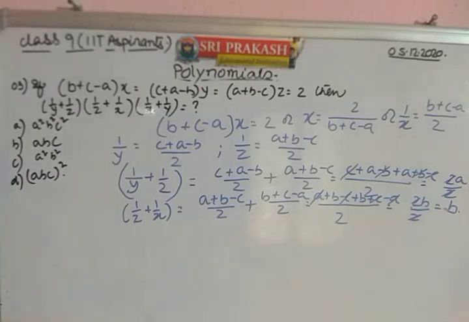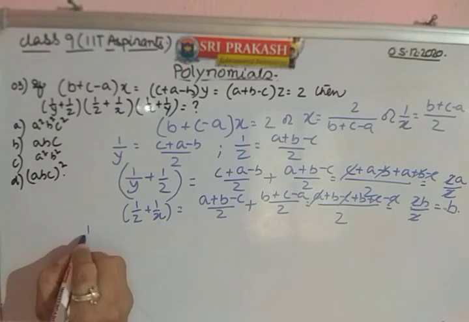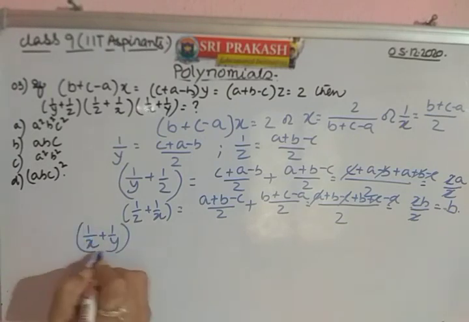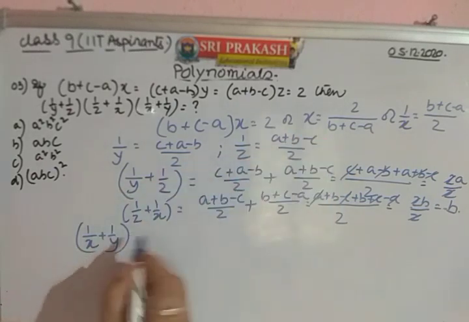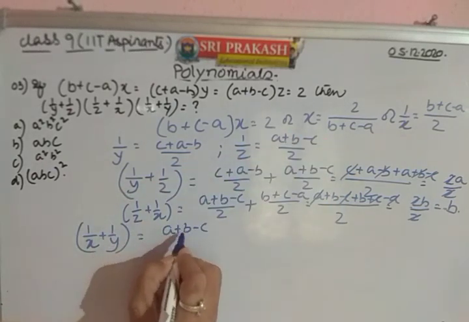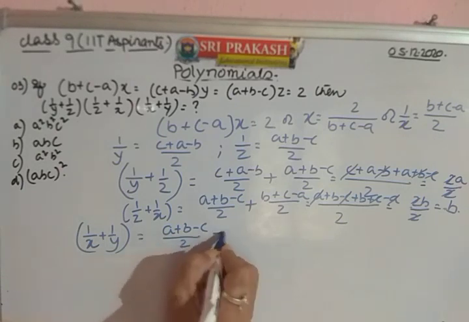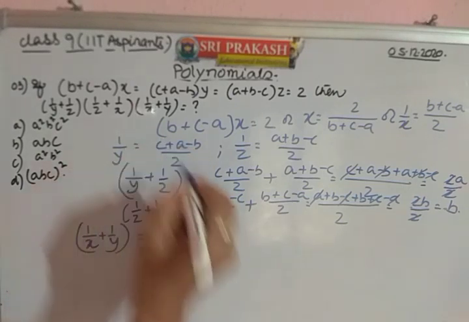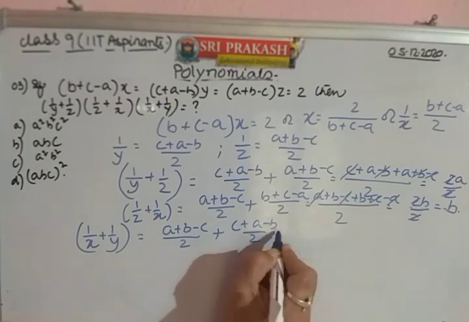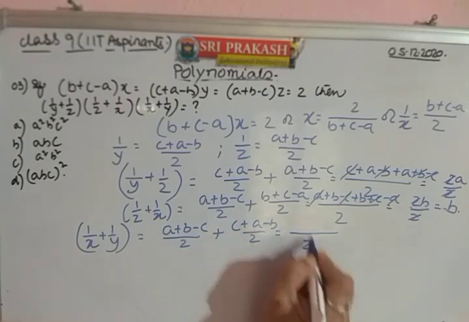In the same way, you have 1 by x plus 1 by y. What is your 1 by x? B plus c minus a by 2 plus. What is 1 by y? C plus a minus b by 2. LCM is 2.